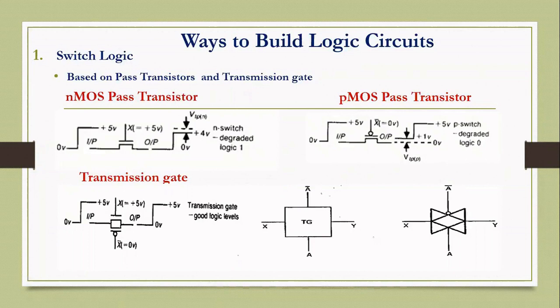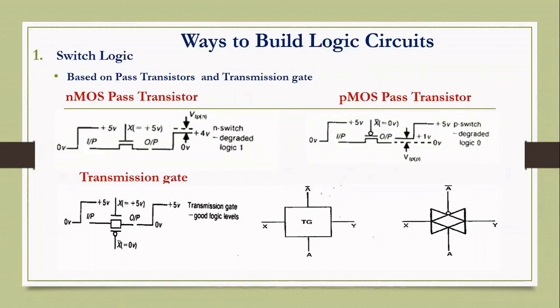Initially, if we apply 0 volts to the gate of the NMOS pass transistor and 5 volts to the gate of the PMOS pass transistor, then the PMOS pass transistor and NMOS pass transistor will be off, so that the transmission gate will be off. So once the pass transistors are off, your transmission gate is also off.